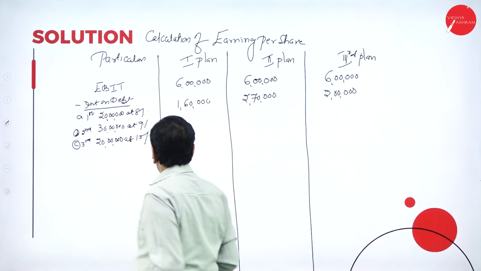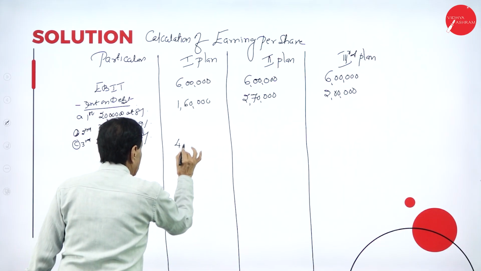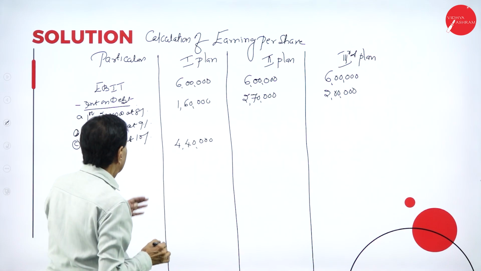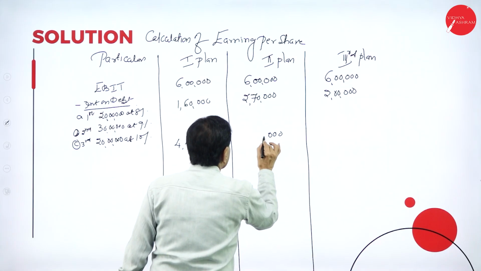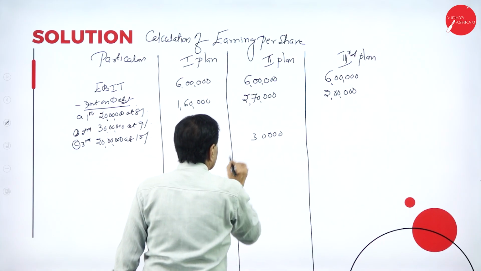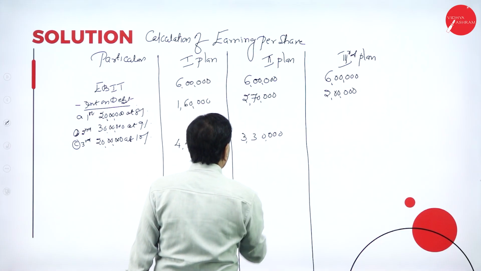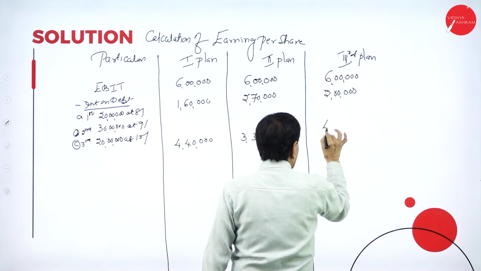If we deduct this now, 4,40,000. Deduct, 3,30,000. Deduct 4 lakh.